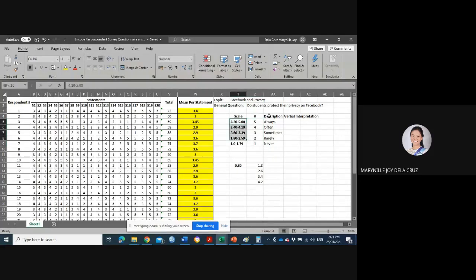And this is the scale with class interval, how to determine per mean. For example, this one, 3.6, belongs to often. Meaning respondent 1 is using Facebook often. Respondent 2, sometimes.